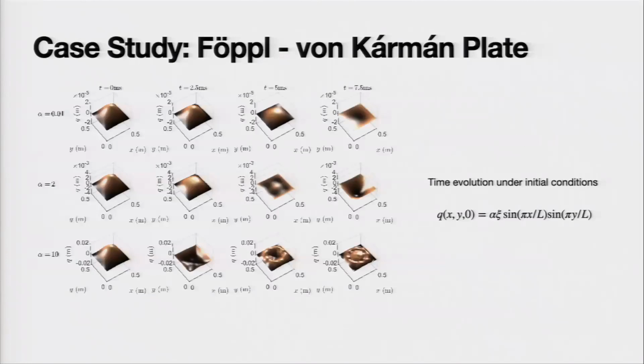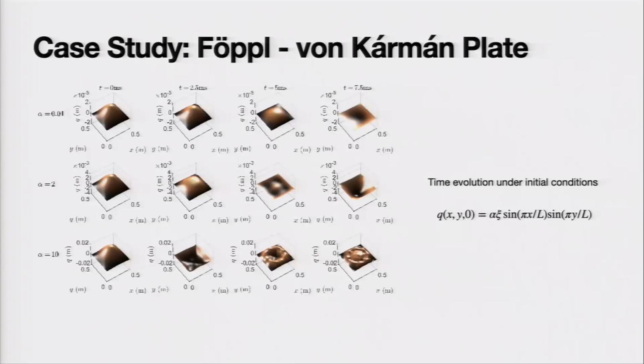And as before, when alpha is small, you observe a linear dynamics where the system only vibrates in the first mode of vibration. When alpha is slightly larger, you probably have just the first mode making up the resulting dynamics, but the vibration is faster. And then when alpha is large, you have all this nonlinear stuff going on, which is typical of plates.